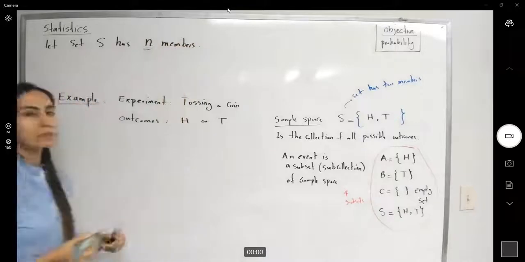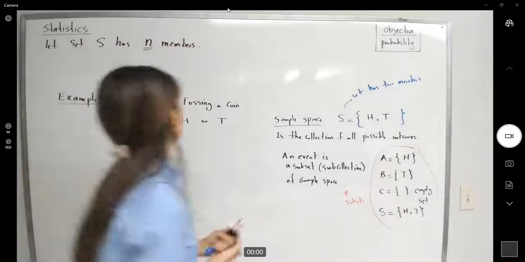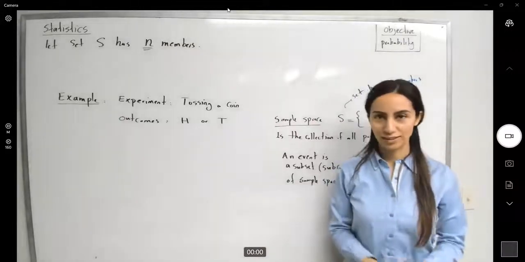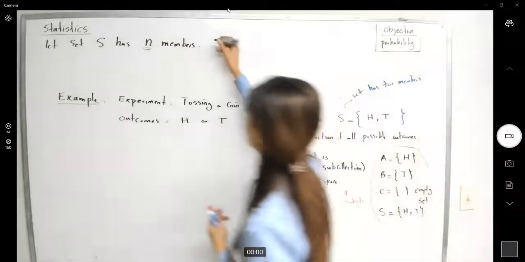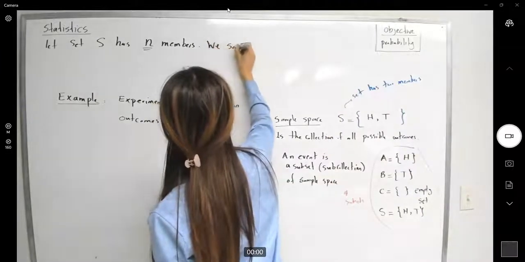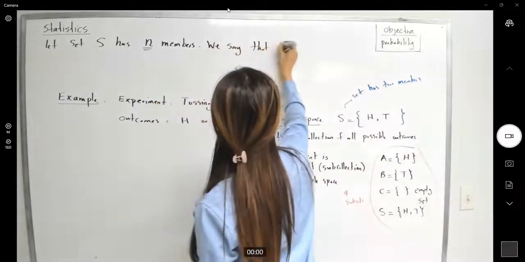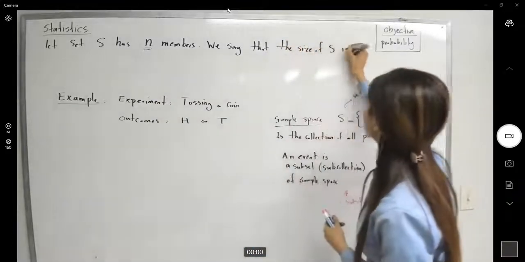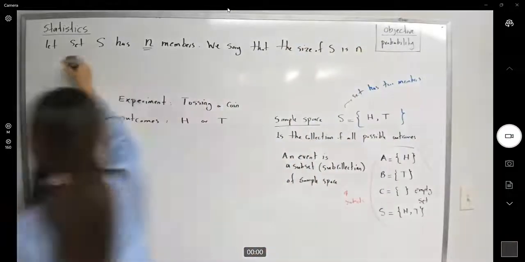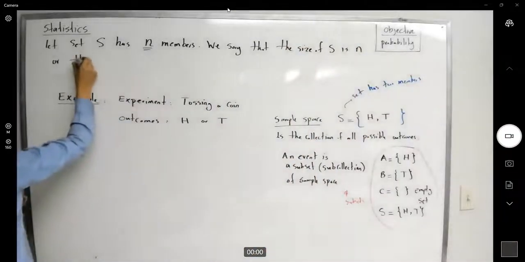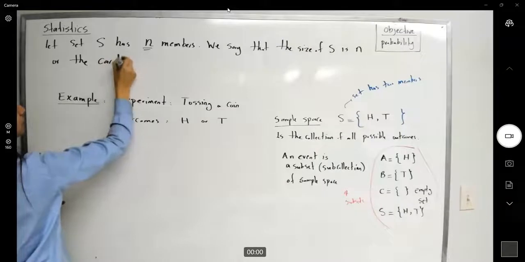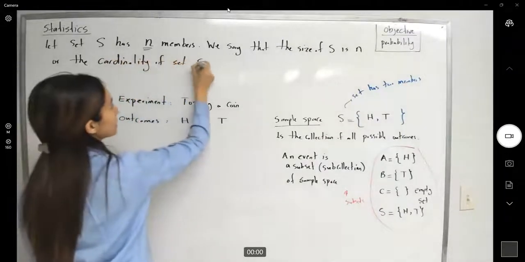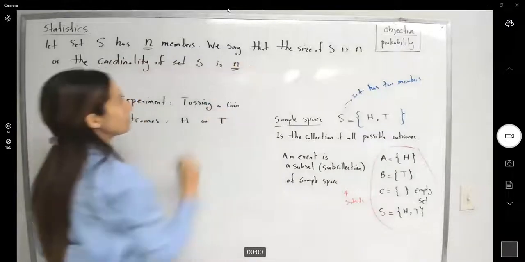So we say that the size of set S is n, or we say that the cardinality of set S is n, and we denote it this way.